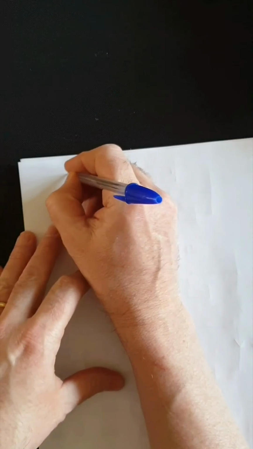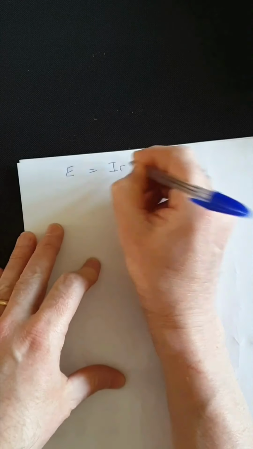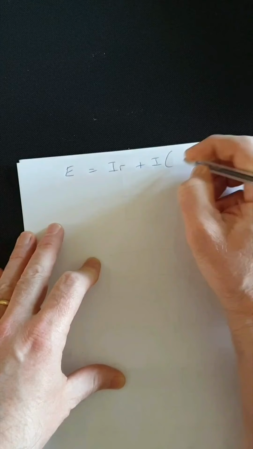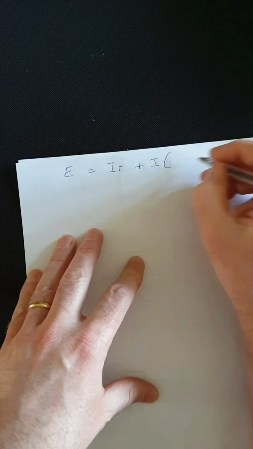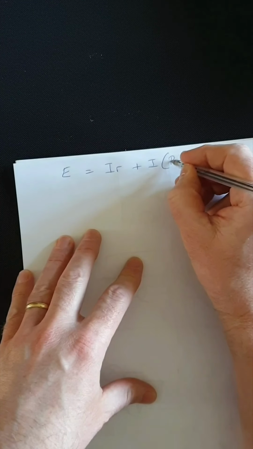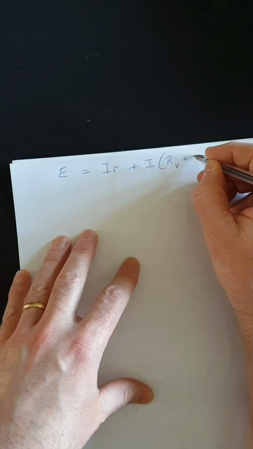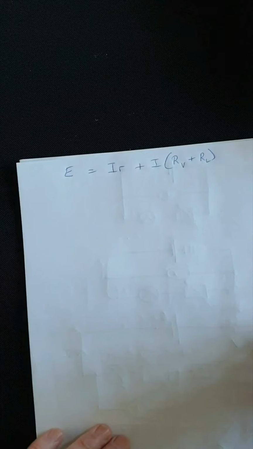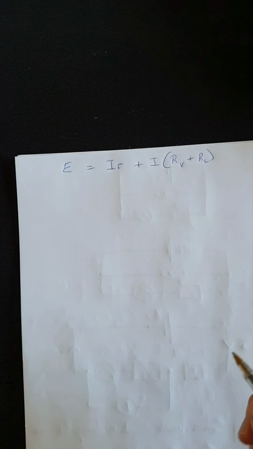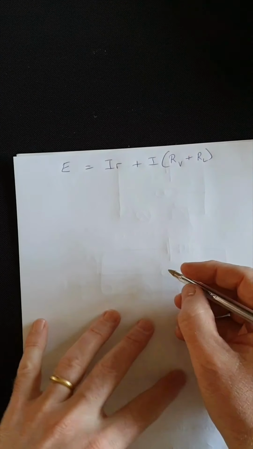Okay, so if we write that out again, we have the EMF is equal to the potential difference across the internal resistance plus the potential difference across the variable resistor and the lamp. Now we're told that the brightness is increased.